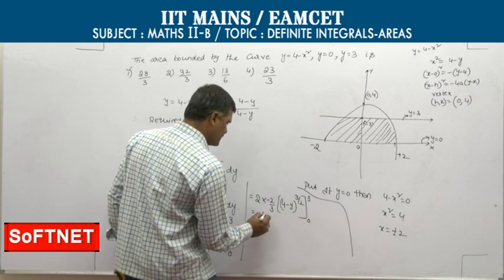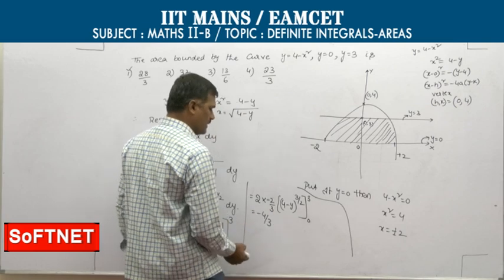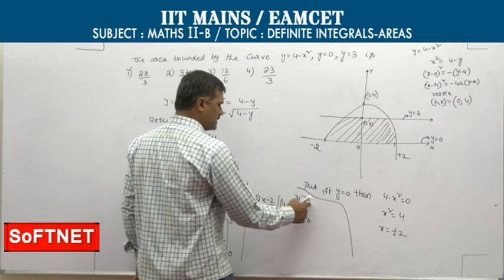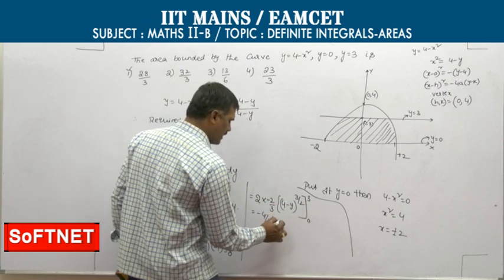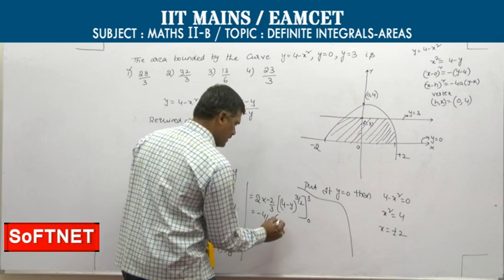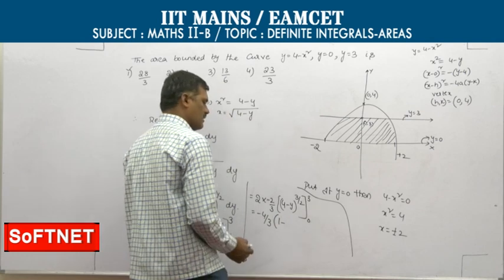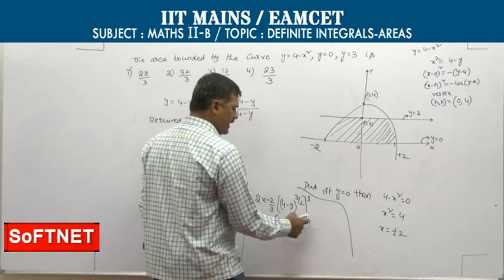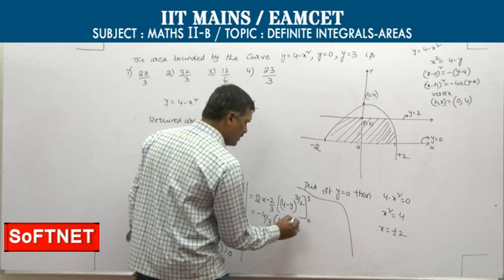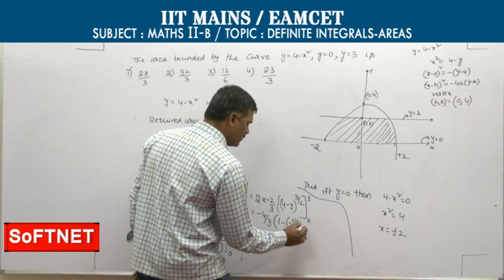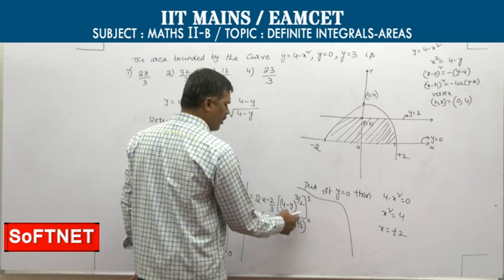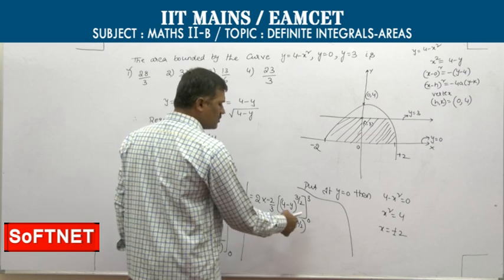That is equal to minus 4 by 3 into the upper limit 4 minus 3, that is 1, 1 power 3 by 2 is 1, minus the lower limit 4 minus 0, that is 4 power 3 by 2. If we write 4 as 2 square, then 2 square whole power 3 by 2, a power m whole power n is a power m into n, so it becomes 2 cube, 8.